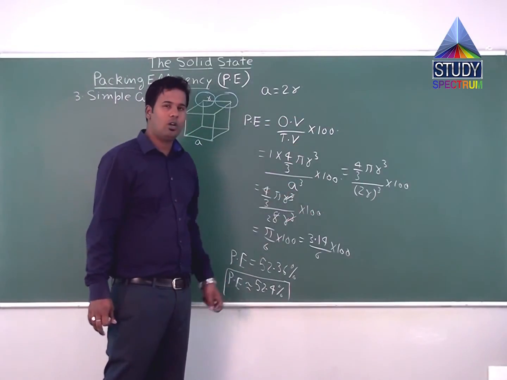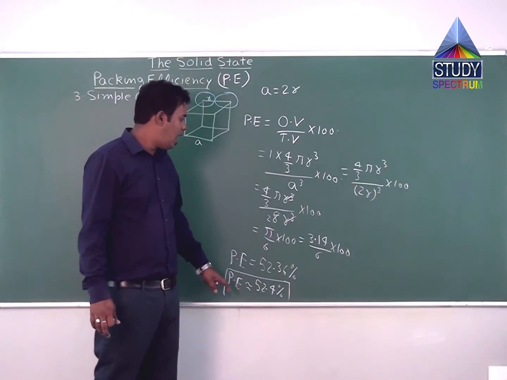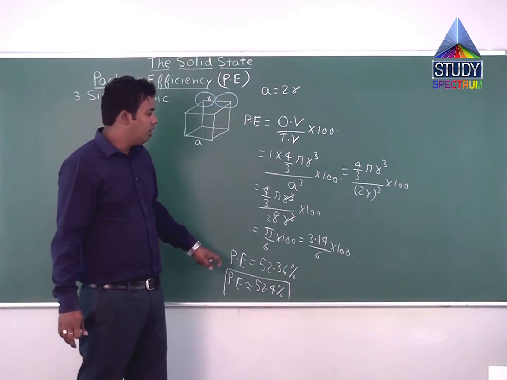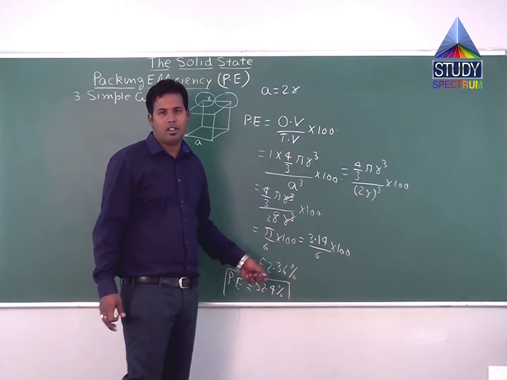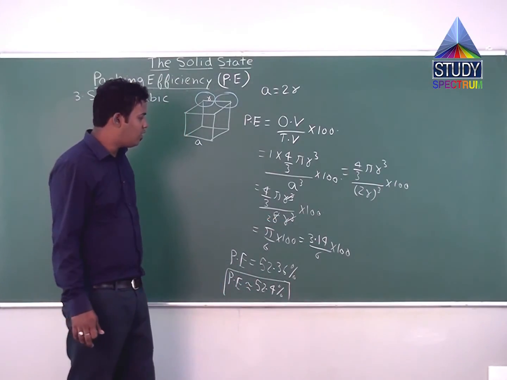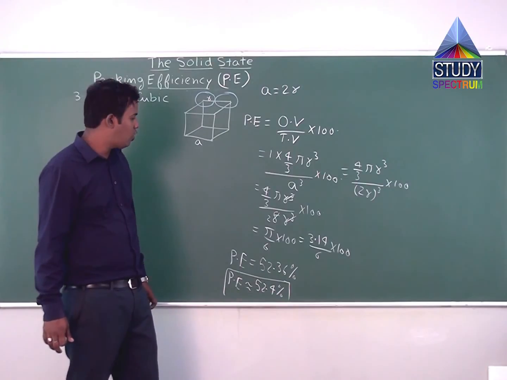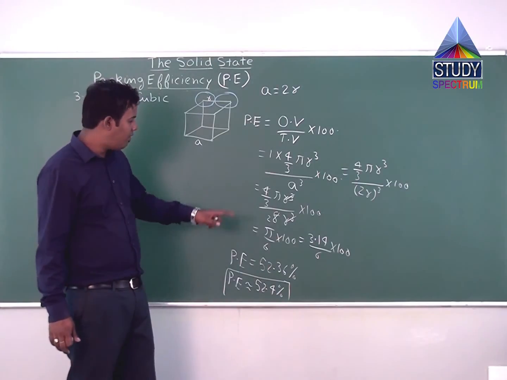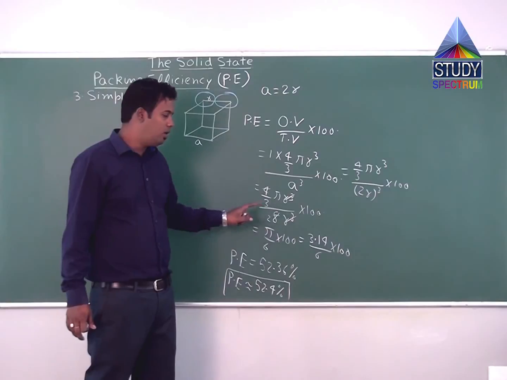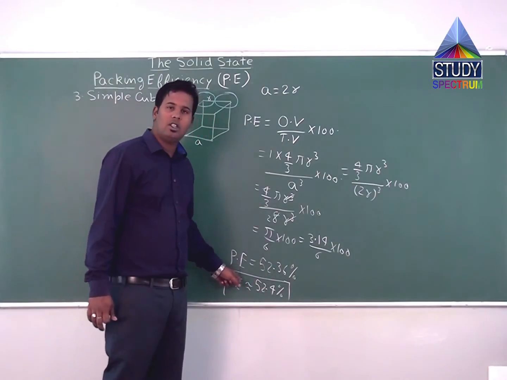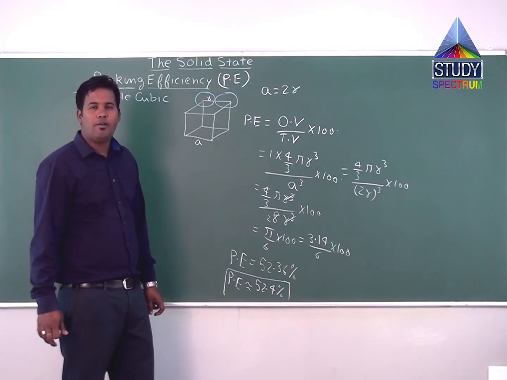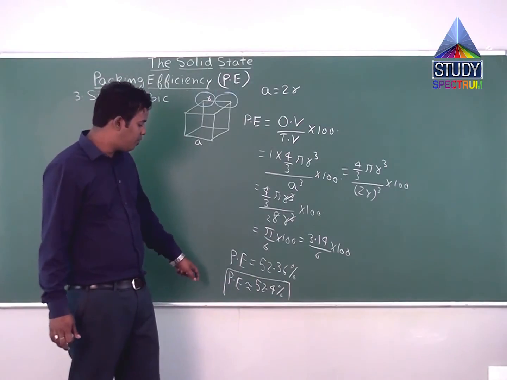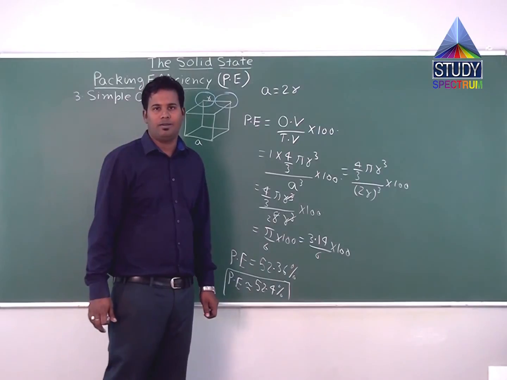If I substitute a is equal to 2r in the denominator and expand it, then cube of 2r will become cube of 2, that is 8, and cube of r, that is simply r cube. So we have r cube in the numerator and r cube in the denominator, which get cancelled out and we are left with the numbers. From doing the calculation, the packing efficiency turns out to be 52.36%, or if you round off the number, then it becomes 52.4%.